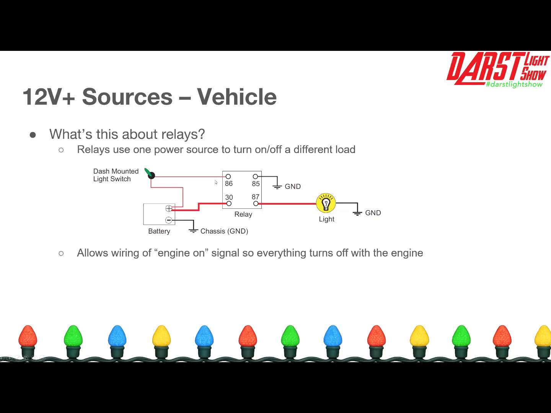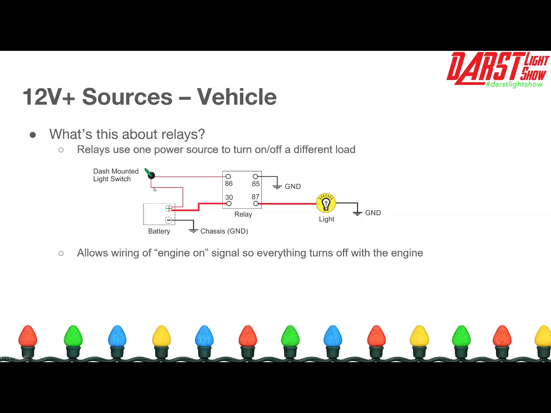Each switch is going to be wired into this relay. When you turn it on, or basically you supply power to this relay, it's going to close this circuit. Then your battery, with heavier duty wire running through this relay, takes the load and runs it across that heavier wire to your light, to your controller, or whatever.